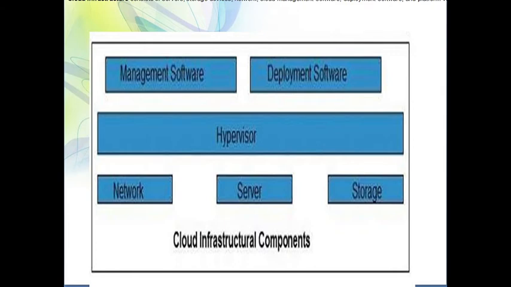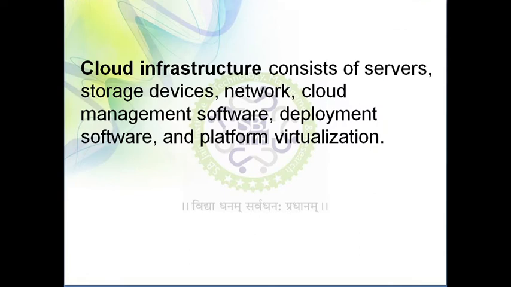So this is the different job the cloud has to provide as an infrastructure. The cloud infrastructure consists of servers, storage devices, network cloud, management software, deployment software, and platform virtualization. These are all combined together to provide the services to the client with the help of this infrastructure.